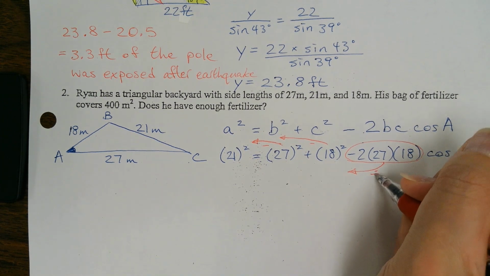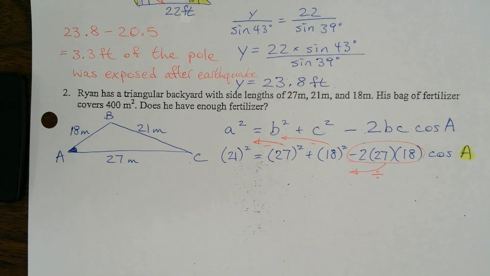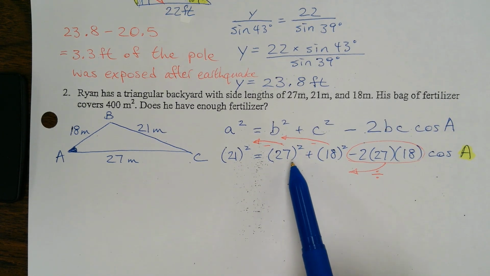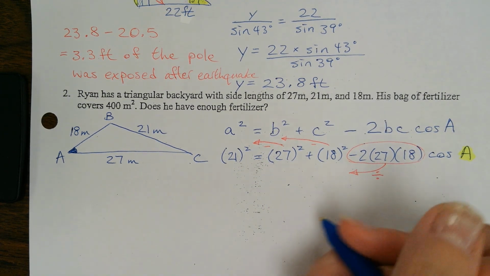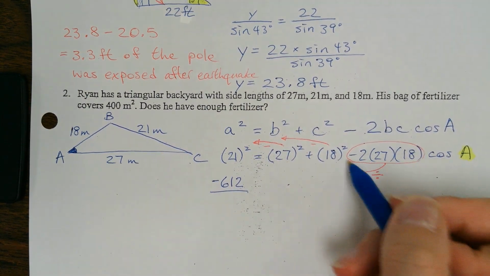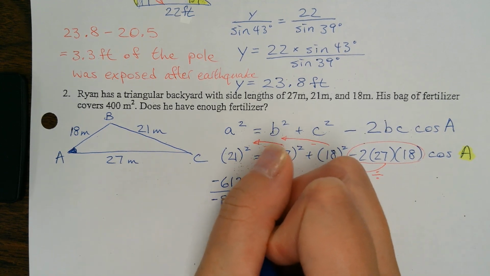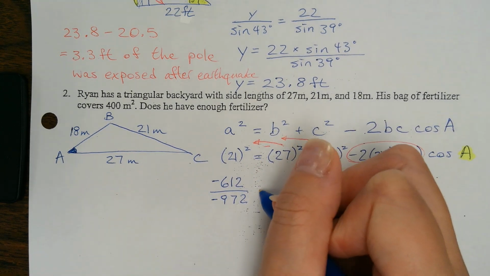Dividing. That's right. Okay, so I have 21 squared, take away 27 squared, take away 18 squared, I get negative 612. This part, when I multiply it all together, I divide it on the other side, and it's negative 972.